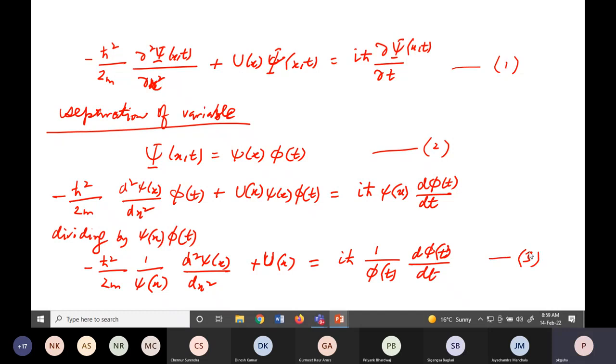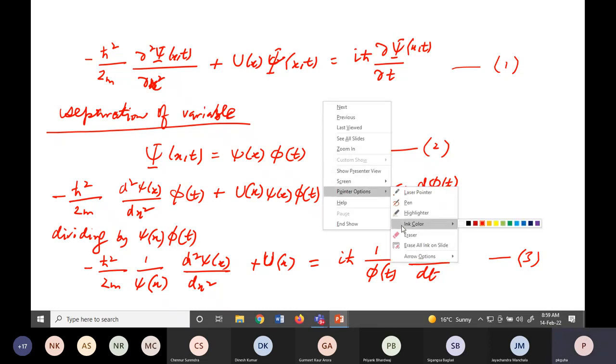If you look carefully, the left hand part is only a function of space, and the right hand part is a function of time.